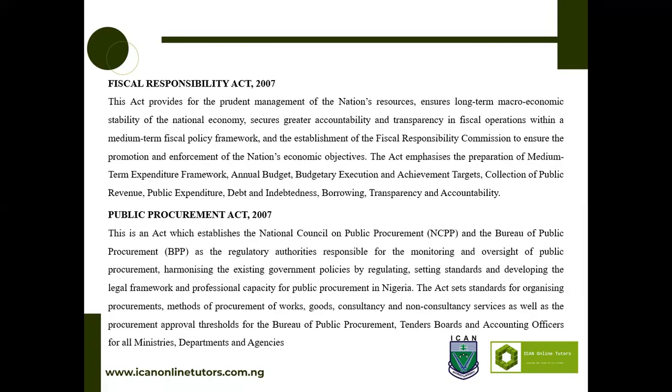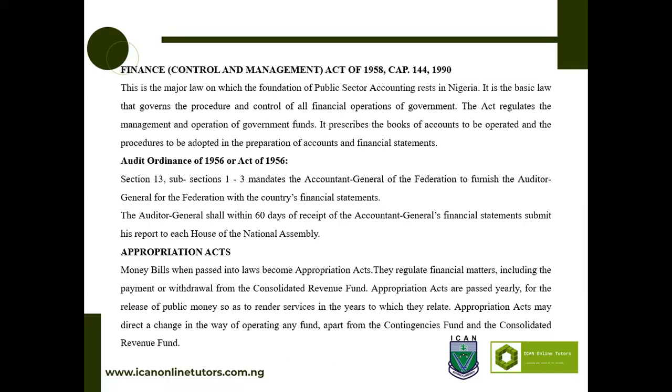Now, we've made mention of some of these acts and laws that govern the preparation of public sector accounting. We have the Finance Act, we have the Audit Ordinance. This gives authority to the Accountant General to submit the financial statement to the Auditor General, and also spells out the purpose of the Auditor General, giving a limit to when the Auditor General is to submit the audited financial statement that is submitted by the Accountant General to the House of Assembly.